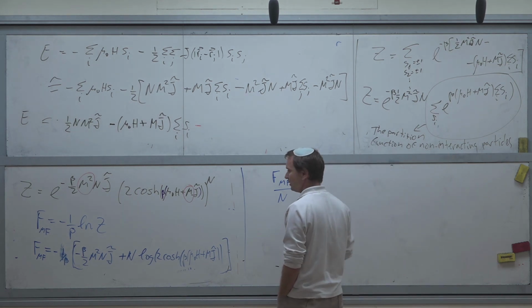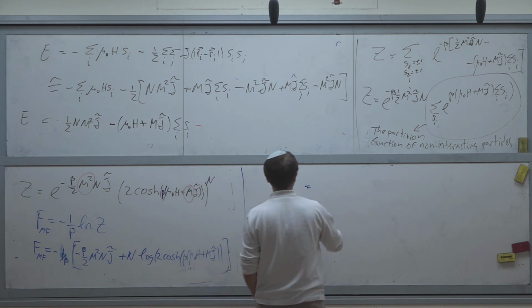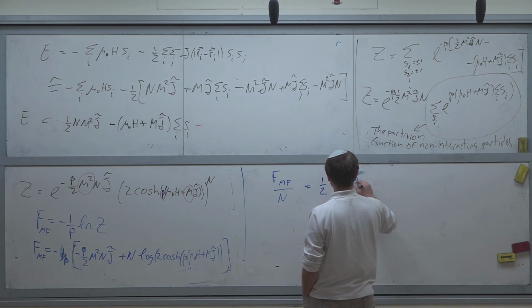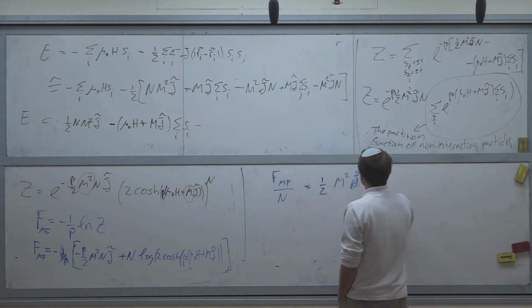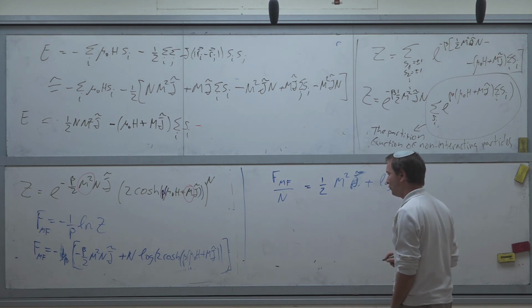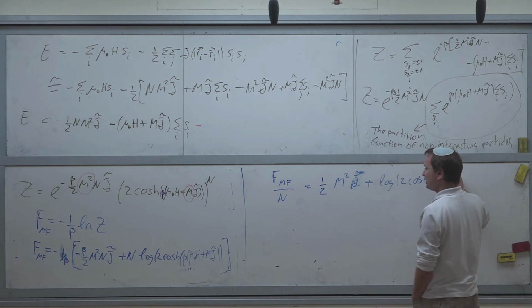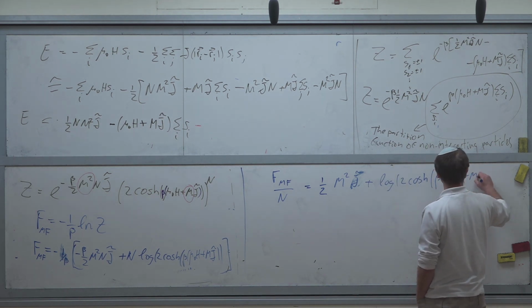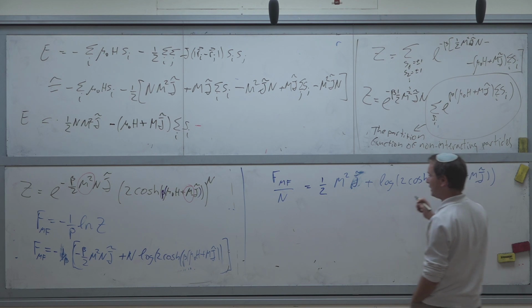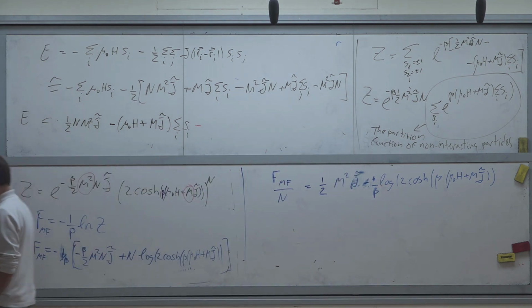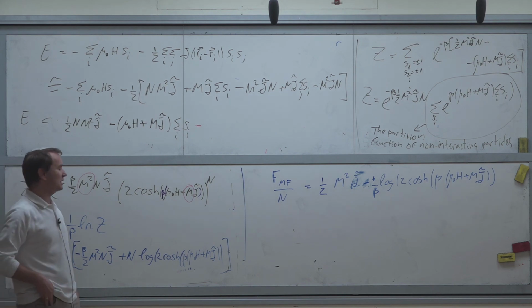Beta and beta over here disappear, so we have 1/2 m squared J tilde, plus a log of 2 hyperbolic cosine of beta mu 0 h plus m J tilde, divided by minus beta. Minus 1 over beta.